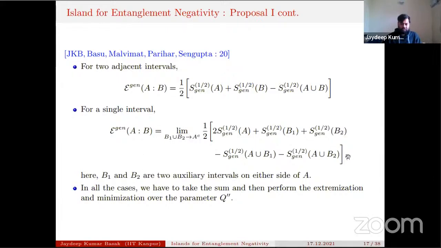Now, in all the cases, we have to take the sum and then perform the extremization and minimization over the parameter Q double prime. Here we say that whenever we take the sum, all the parameters except Q double prime get cancelled out. So whatever is remaining is only Q double prime here. So we have to extremize and minimize over the single parameter, which is Q double prime.